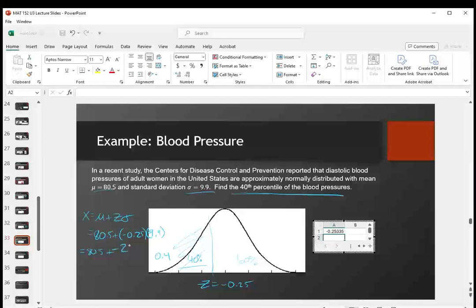Negative 2.475. You get 78.025, or probably just call it about 78 in this case. So the 40th percentile would be about 78, whatever units blood pressure is measured in.